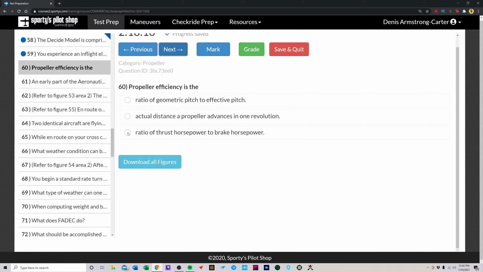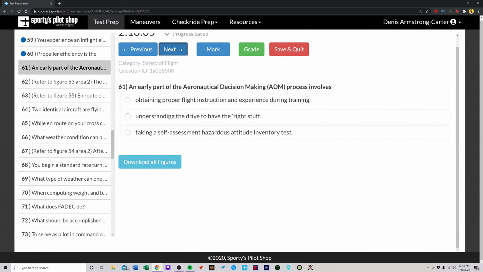I think it's that one, but it could also be pitch, because you want to change the pitch. An early part of the ADM process involves... I think it might be this one. I have no idea. We'll see.